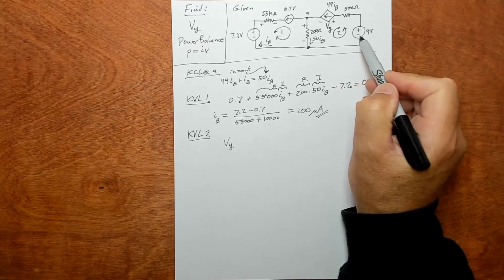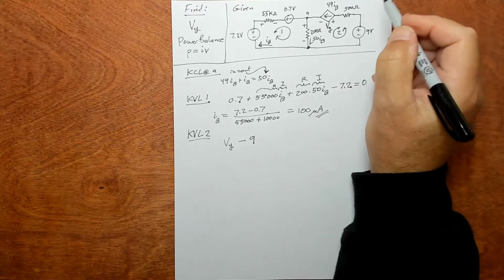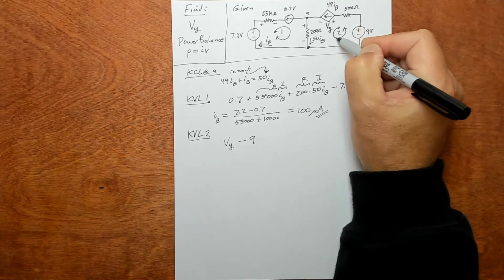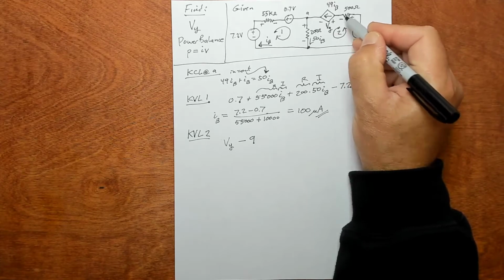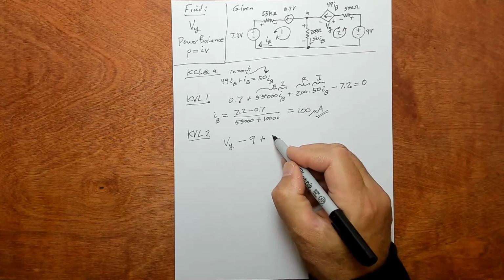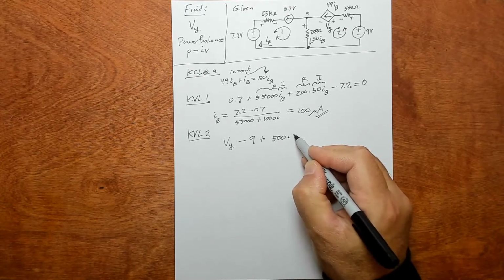I'm coming into the negative terminal on this device, so it's minus 9 volts. I didn't put the polarity on this one here, but if the current's going around this way, then the polarity would be this way. So that's going to be positive 500 times 49 I beta.